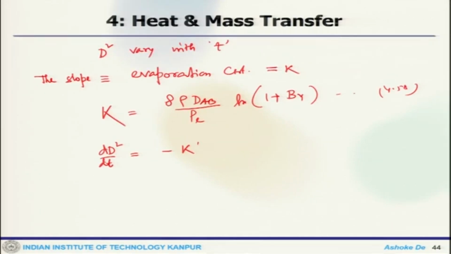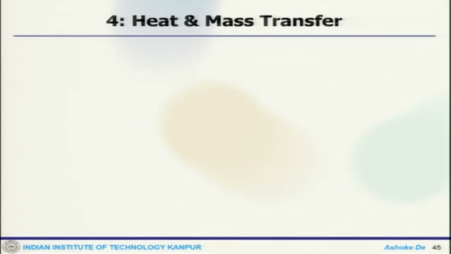Now, if you integrate this, it would be from d naught squared to d squared equals minus the integral from 0 to T of k d t, which will get you T d equals d naught squared by k. And if you change the limits to get a more general relationship for the variation of d, this will get you d squared with time equals d naught squared minus k t.